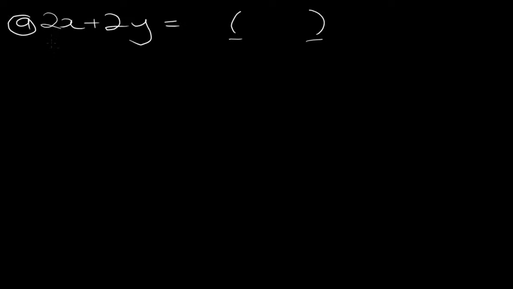Now, in factorization, we would like to take out a common factor from each term in your expression. In the algebraic expression, here are two terms, and we ask what is the common number, or the highest number or constant, we can take out from each term, and what is the highest power of each variable we can take out from each term in this expression.